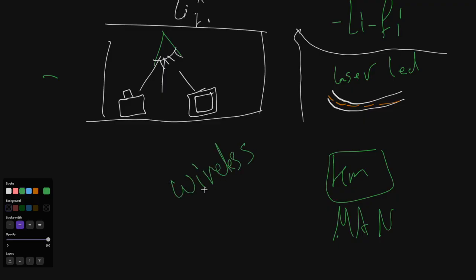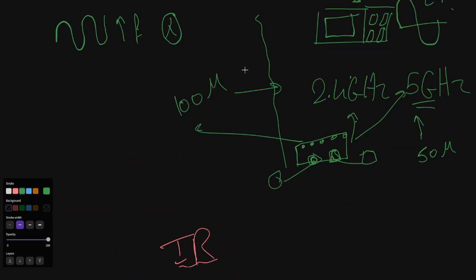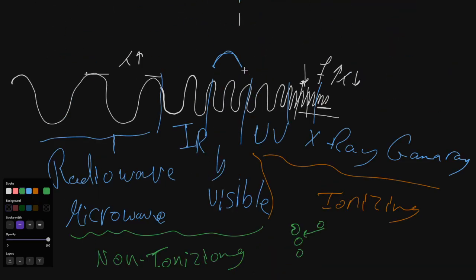So if we are talking about wireless, we will talk about Wi-Fi in the visible spectrum. Anything other than all of these we have talked about is ionizing, and it's hurting our skin and our bodies.